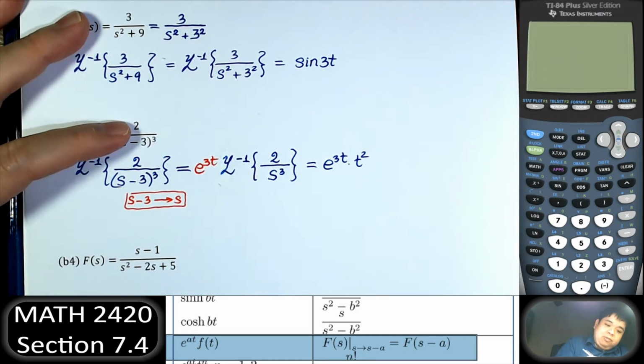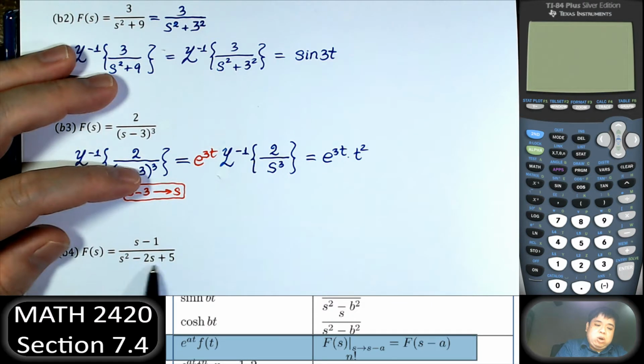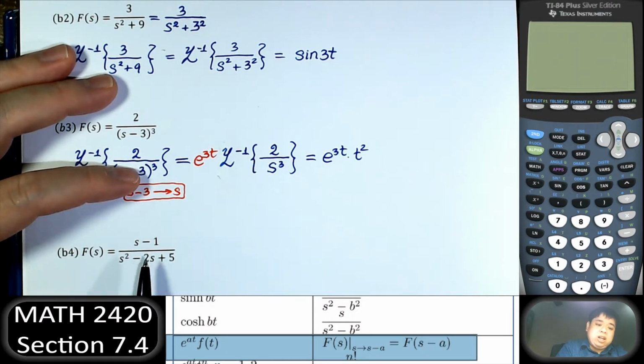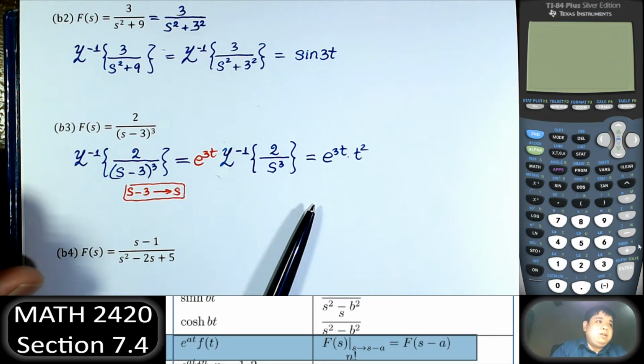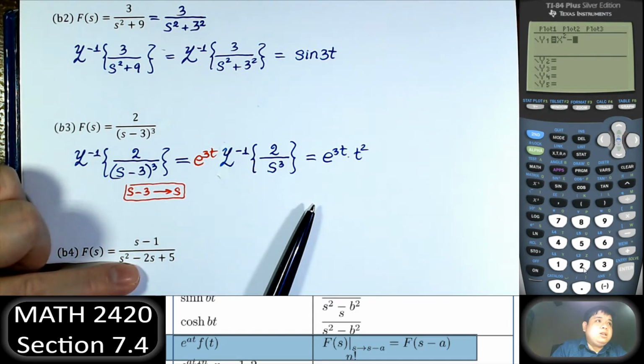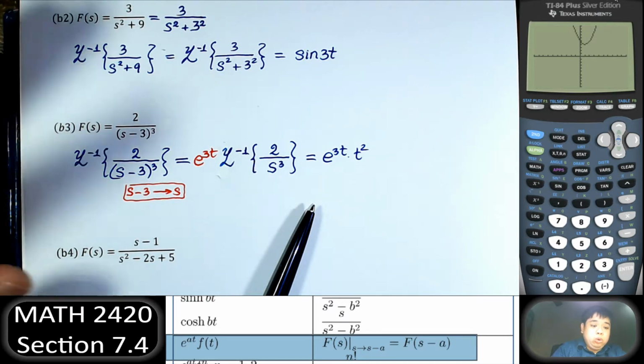Now we have s squared minus 2s plus 5 at the bottom. So we have to take care of this first. Let's take a look at the graph of x squared minus 2x plus 5. We see the graph is above the x-axis, meaning there's no x-intercept, meaning there's no real solution.